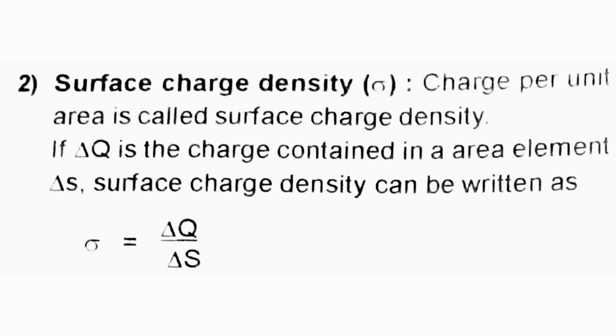Then how can we write the surface charge density? Surface charge density is charge per unit area. Sigma is equal to delta Q by delta S, that is the charge per unit area. It is called surface charge density.